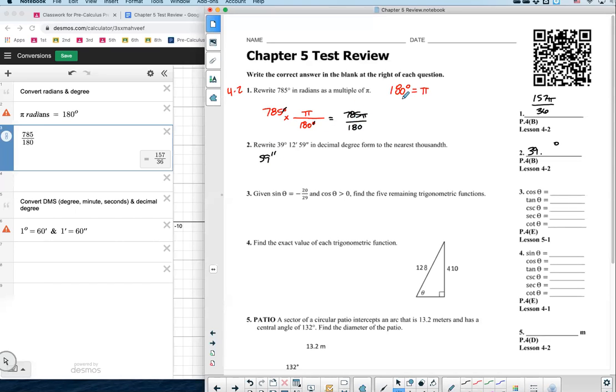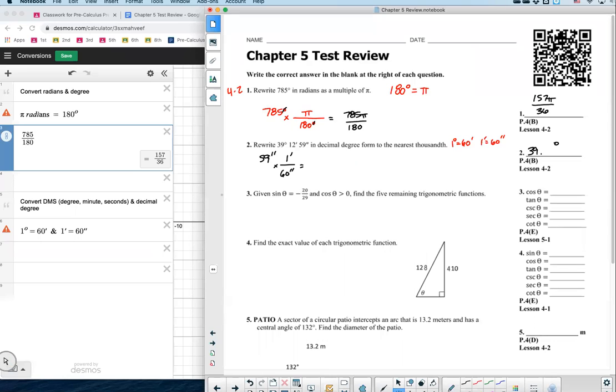And again, I'm going to walk through the same conversion I did up here, where this time we're going to say 1 degree is equal to 60 minutes, or 1 minute is equal to 60 seconds. So since I'm converting seconds, how I want to start this is I'm going to say, okay, 59 seconds, I need to convert that to minutes. And so there, for every 60 seconds, there is 1 minute.